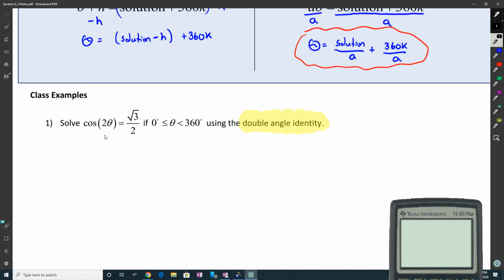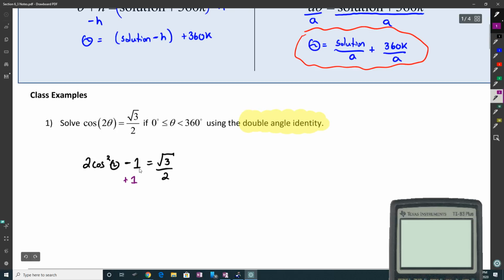The definition for cosine 2 theta is 2 cosine squared theta minus 1 is equal to square root of 3 over 2. So I turned cosine of 2 theta into its equivalent form, and now I just got to isolate my answer. So I'm going to add 1. And so I have 2 cosine squared theta is equal to square root of 3 over 2 plus 1. Now 1 is the same thing as 2 over 2.